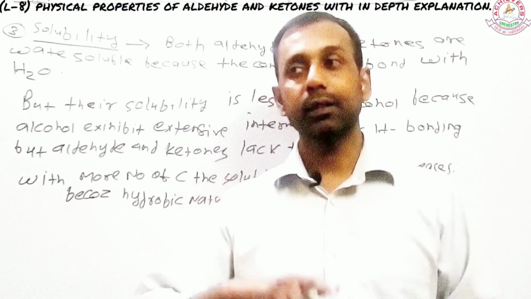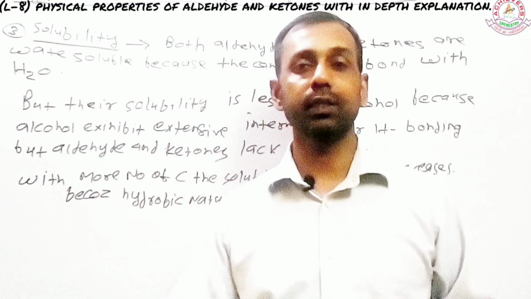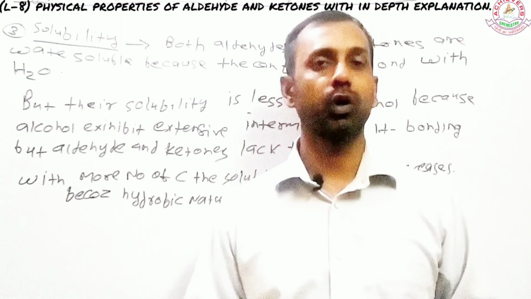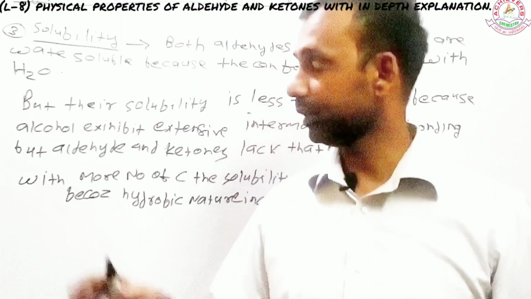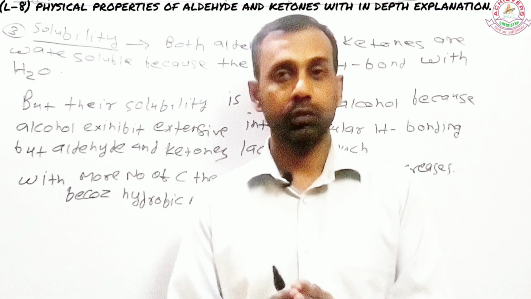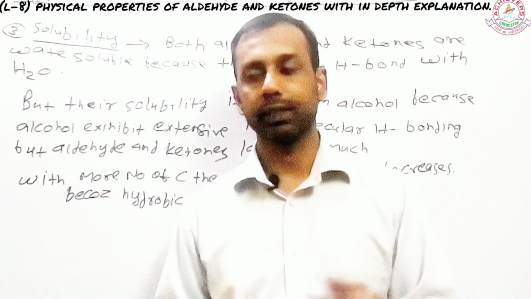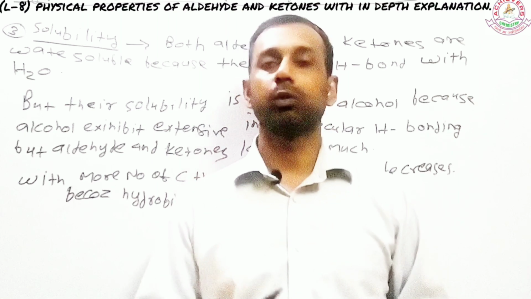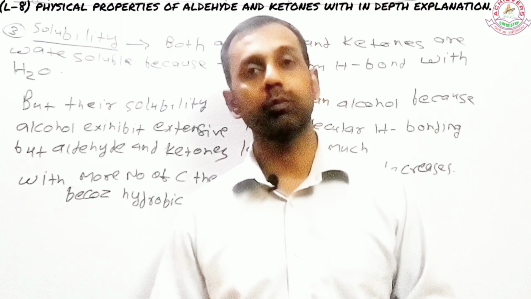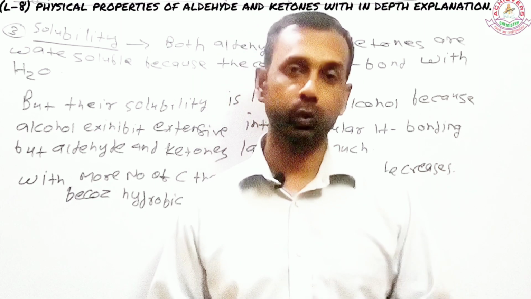What that means? That the larger molecules of aldehyde and ketones are easily soluble in organic solvent, but the lower molecules are soluble in water, right? I'm not going to write everything because I've already written too much. So solubility is about everything I said. Let me repeat one last line. Aldehyde and ketones are water soluble, but less than alcohol, because alcohol has an extensive network of hydrogen bond, while aldehyde and ketones do not.